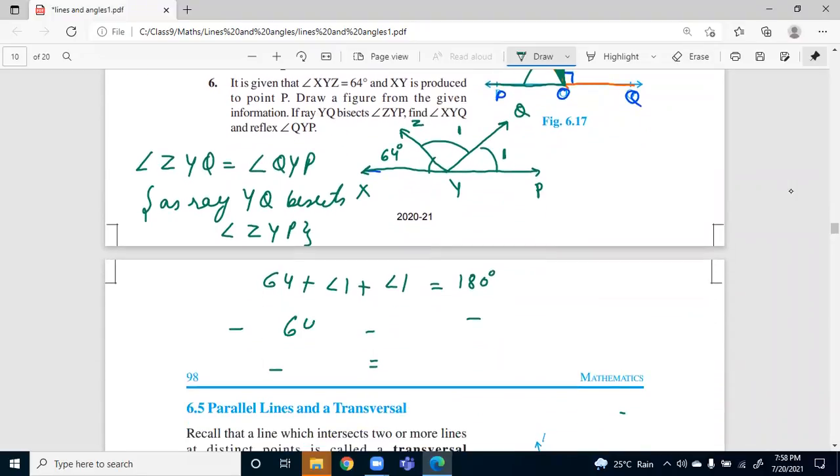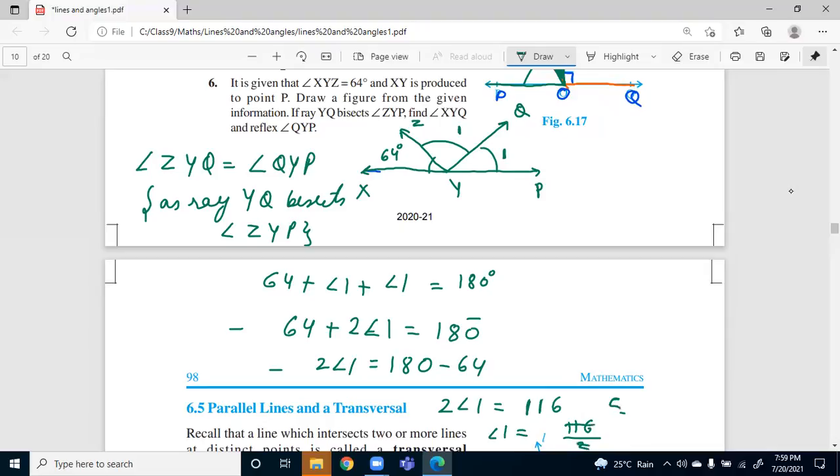Okay, so you can write 64 plus 2 angle 1 is equal to 180 degree, or 2 angle 1 is 180 minus 64. So we got angle 1 as 58 degree.